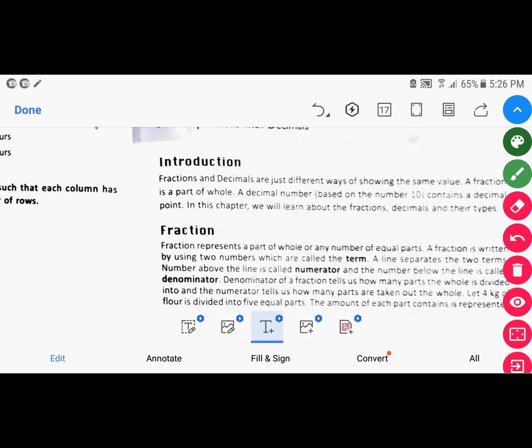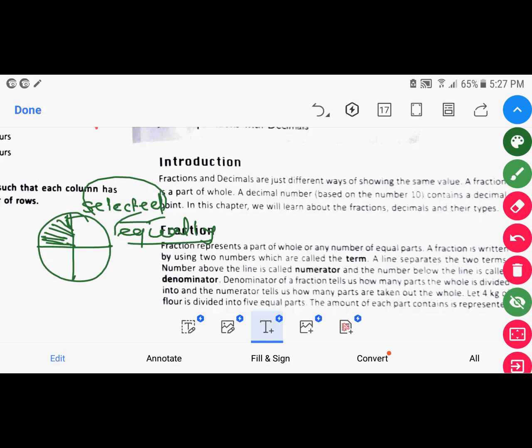So what is meant by fraction? See, I have something which is whole, and if I divide that whole into equal parts, and I take one of the parts or selected parts from that whole which is equally divided, this can be shown by a fraction. In a fraction it is represented by two terms, and those terms are divided by a slipping line.